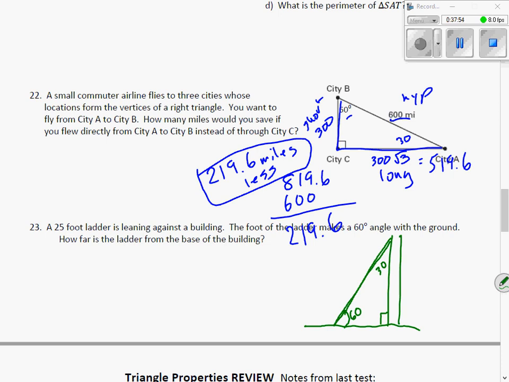How far is the ladder from the base of the building? We want this distance. We're told it is a 25-foot ladder, which is going to be the hypotenuse, and we need to find the short leg.